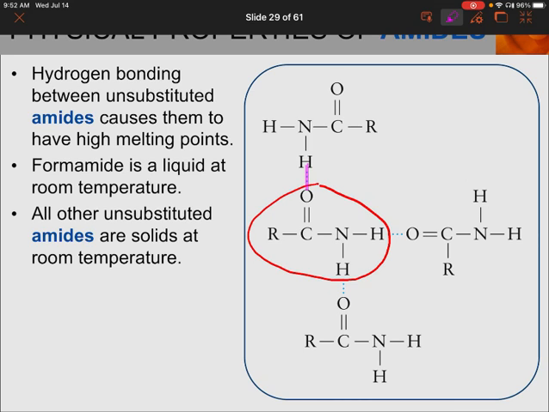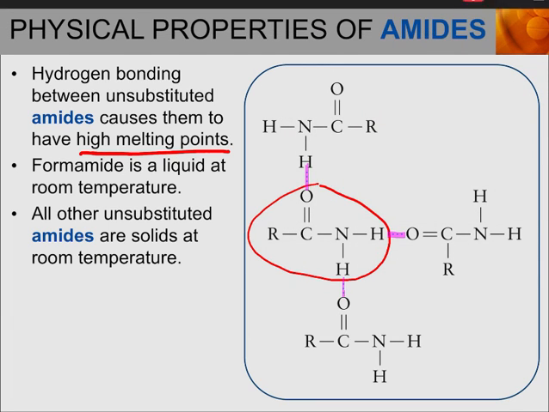And then the hydrogen atoms on the nitrogen part can also hydrogen bond with the oxygen from other amides. So because of all of these different opportunities for hydrogen bonding, amides have really high melting points, similar to carboxylic acids.